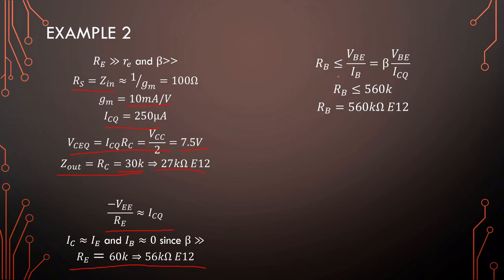Then RB should be smaller than VBE over IB, or beta VBE over IC. That's 560 kilo ohms. There is a value like that. We just pick it the same. Anything less will be acceptable because this is just a bias or a path of a current into the base of the amplifier.